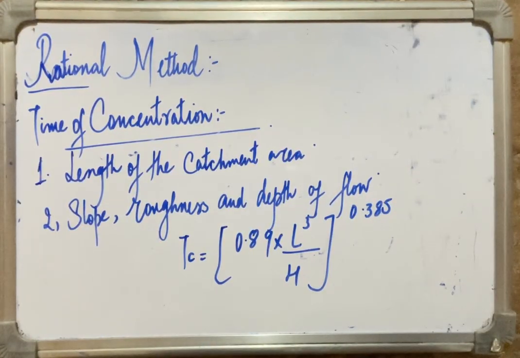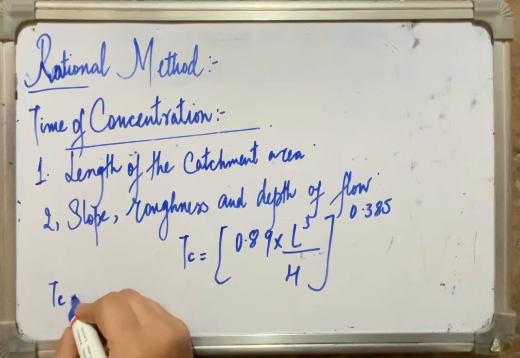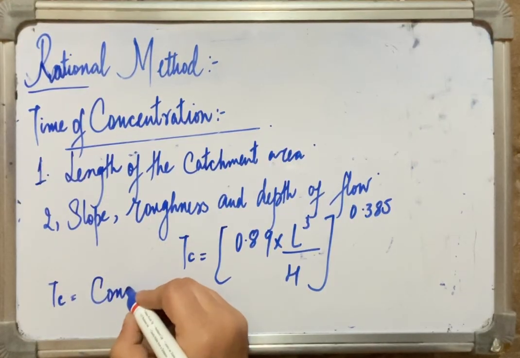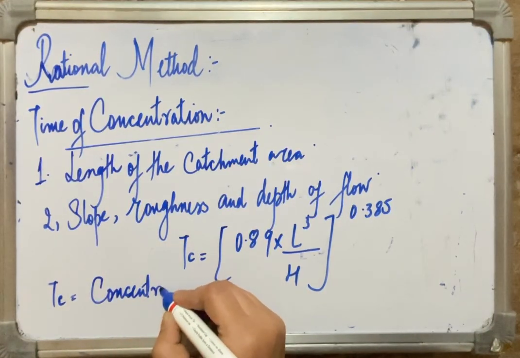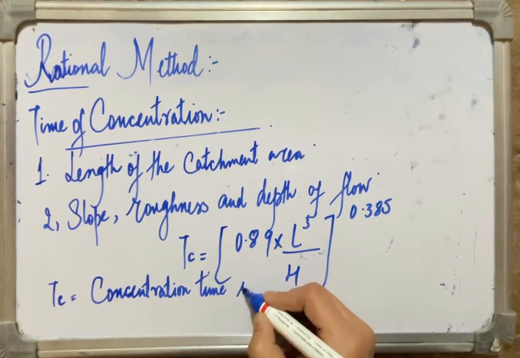So this is a simple relationship by which we can determine the time of concentration of a certain catchment, where Tc is the time of concentration in hours.